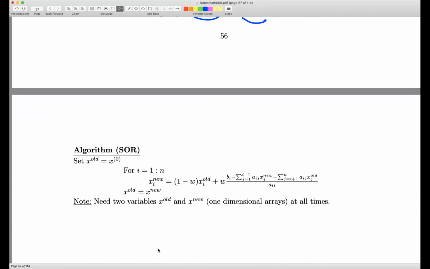Now one can write the algorithm, and the algorithm is first we set x all to be equal to x0, where x0 is the initial guess, and then for i equal to 1 to n, one can write that x new is equal to 1 minus omega xi old.